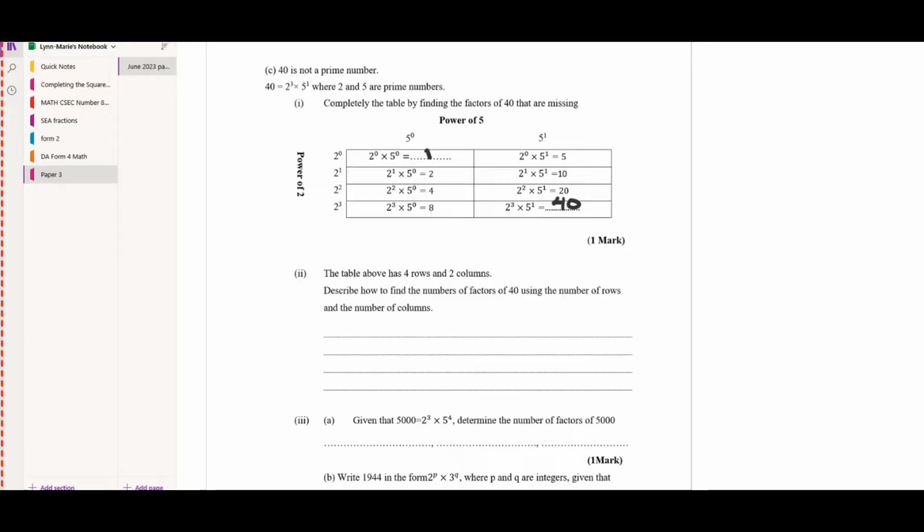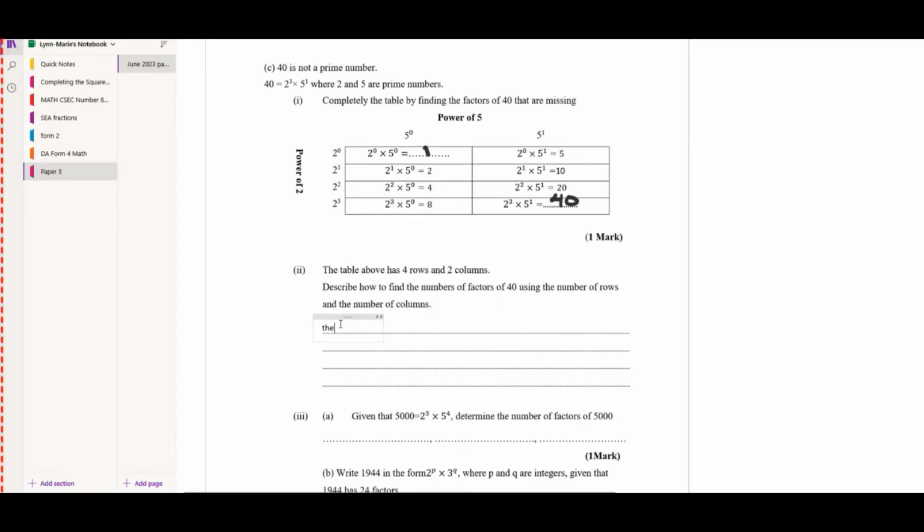Now, they said describe how to find the number of factors of 40 using the number of rows and the number of columns. So you have to look at the pattern that is going on, and what you would see is we are multiplying the number of rows by the number of columns.